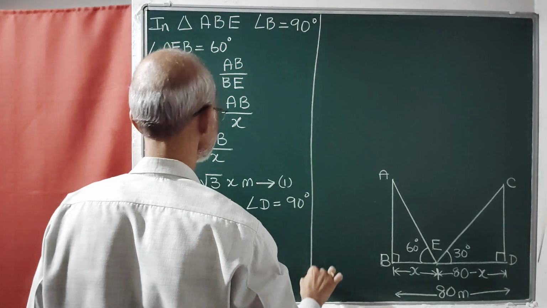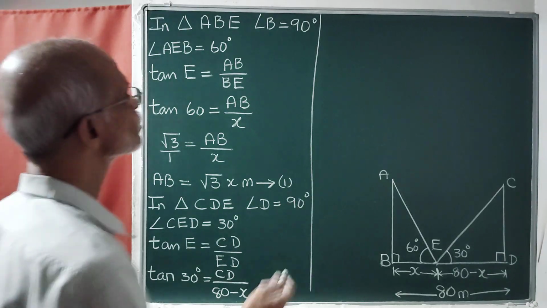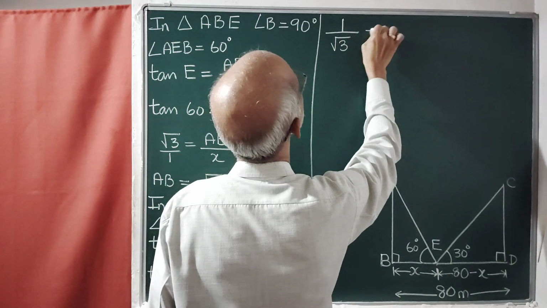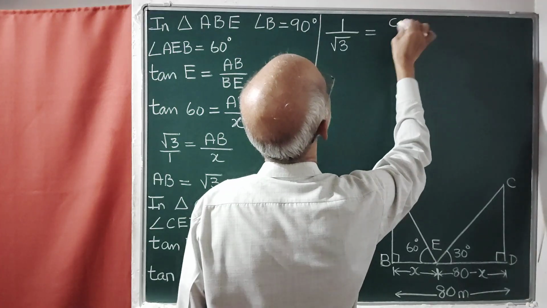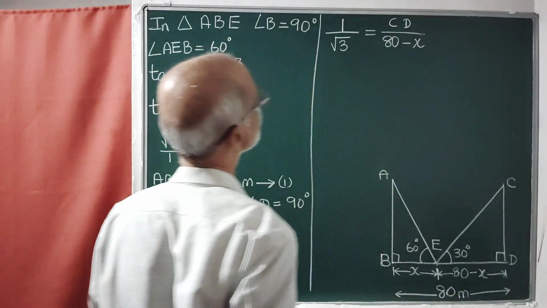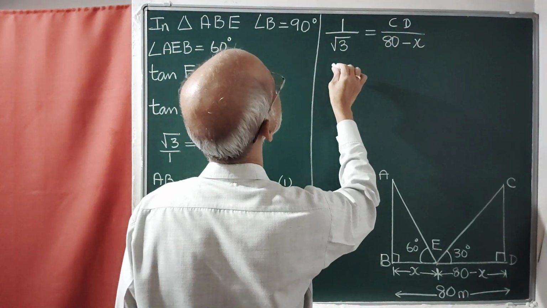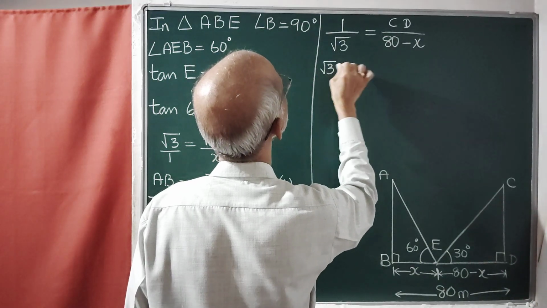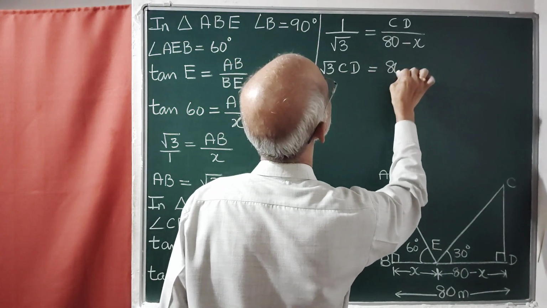Tan 30 is 1 by root 3. That's equal to CD by 80 minus x. Now if you go for cross multiplication, root 3 CD will be equal to 80 minus x.